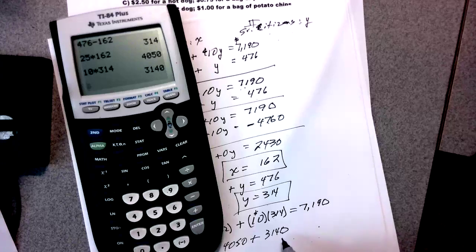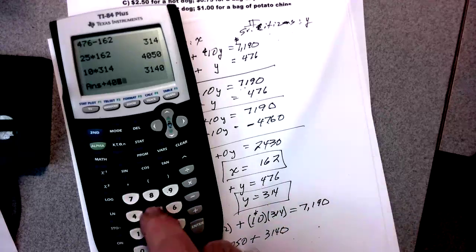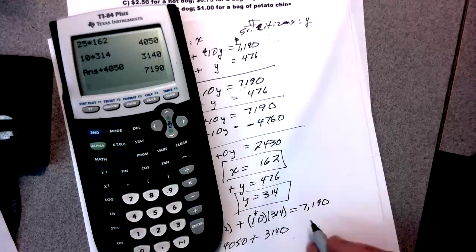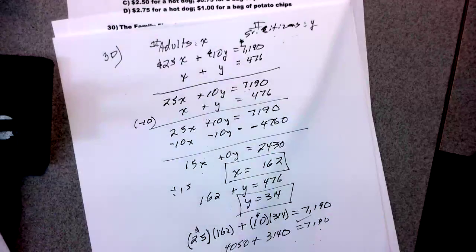And sure enough, when I add 3,140 plus 4,050, I in fact get 7,190. So it checks. Well, that wasn't too hard, was it?